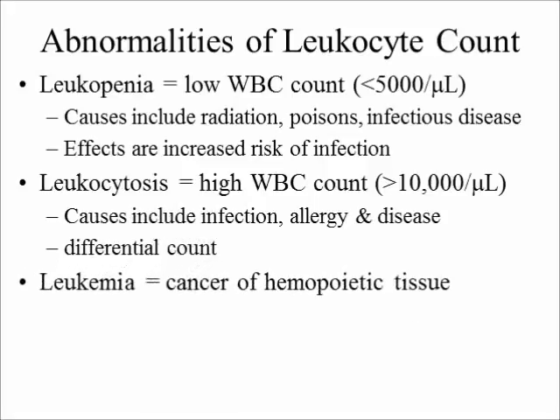And when everybody is worried about leukemia, that's cancer of the hemopoietic tissue. Hemopoietic tissue, that's blood cell forming tissue that you find in the bone marrow and the marrow of the flat bones. Now the two types here, myeloid and lymphoid, both refer to uncontrolled white blood cell formation.